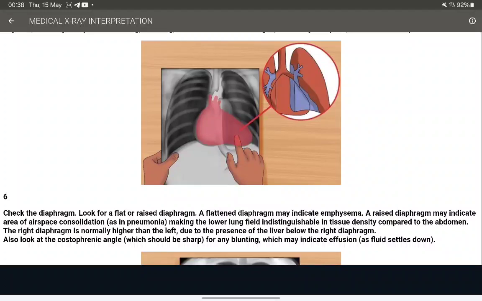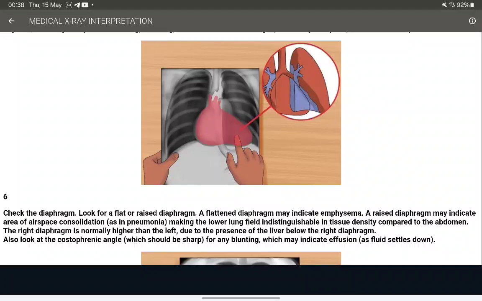If it is flat, that means the thoracic cavity pressure is increased, so the diaphragm is settling downward. If it is bulging or raised, it means that there is some pathology within the abdomen pushing the diaphragm upward, or any defect in the diaphragm's nerve supply, because the diaphragm itself is a muscle.